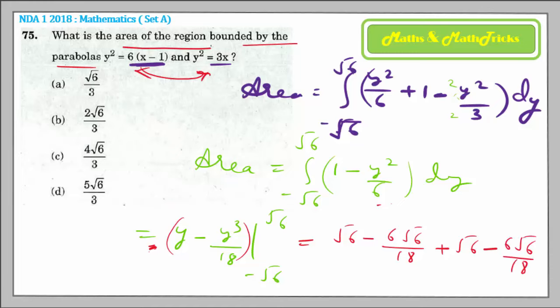So you can see the simplification now. It turns out to be 4 root 6 by 3. You can check. You simplify this. Basically you are getting 2 root 6 minus root 6 by 3, root 6 by 3. So it will be 2 root 6 by 3.